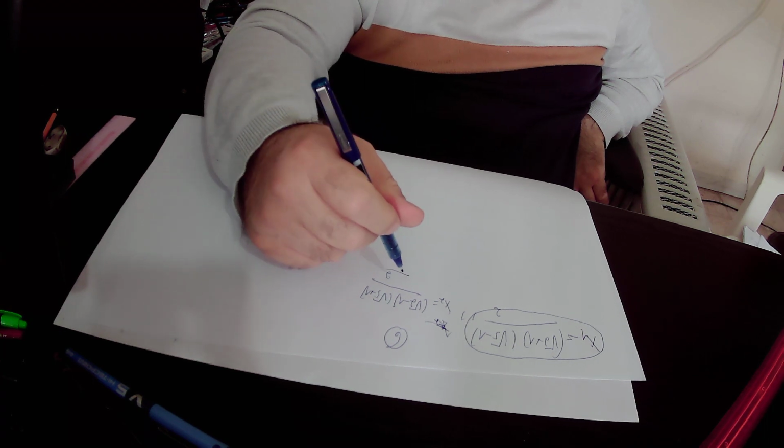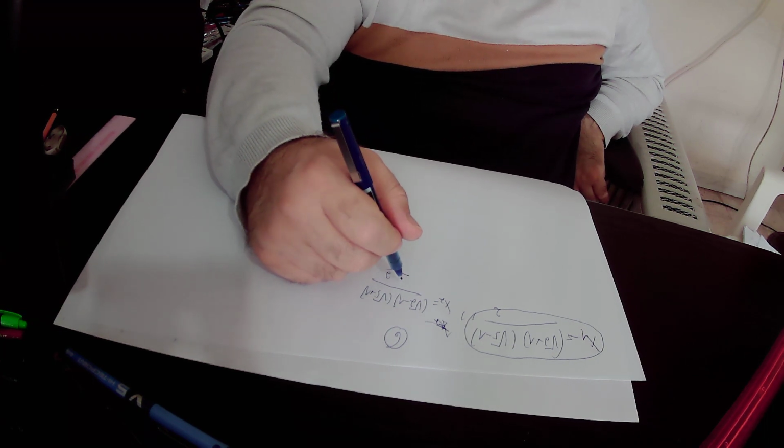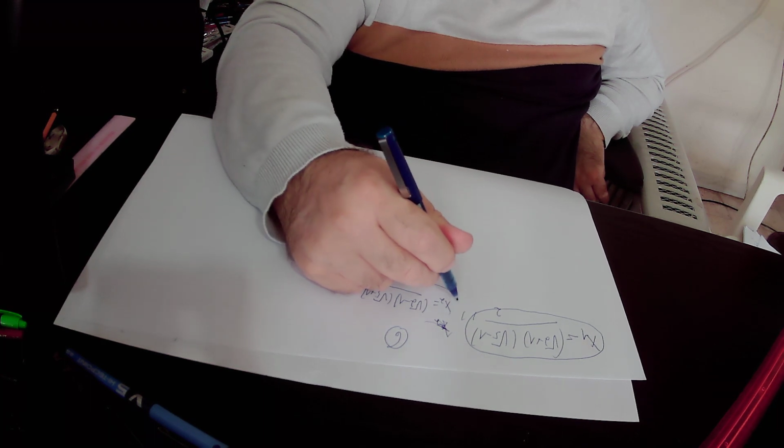Again, x2 equals (square root of 2 minus 1) times (square root of 5 plus 1) over 2.